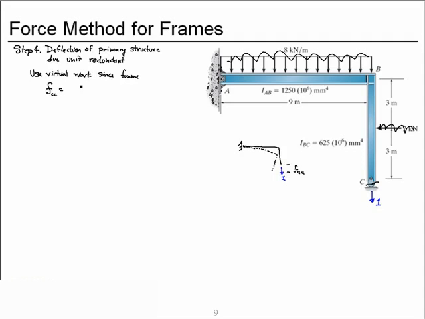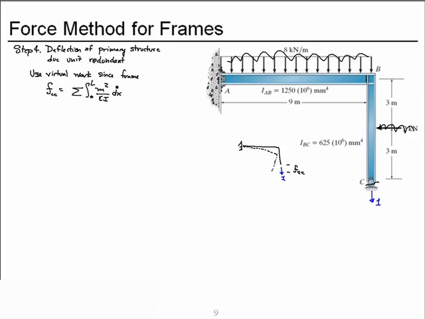So my calculation for virtual work becomes the integral from 0 to L of little m squared.